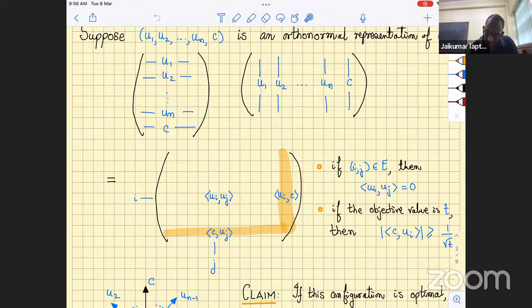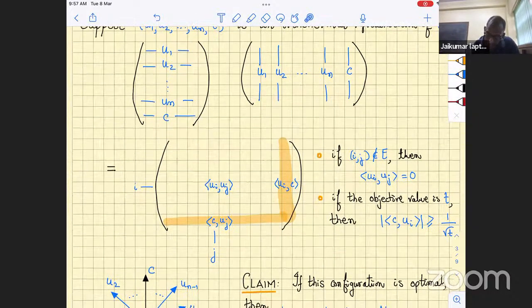But the important thing is that whenever ij is not an edge, the dot products should be 0.